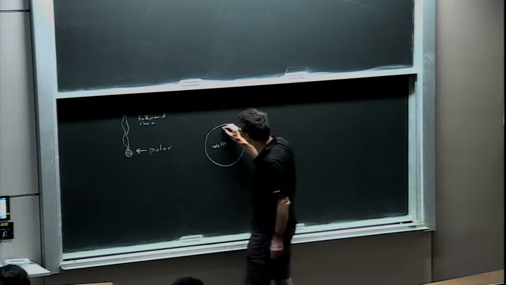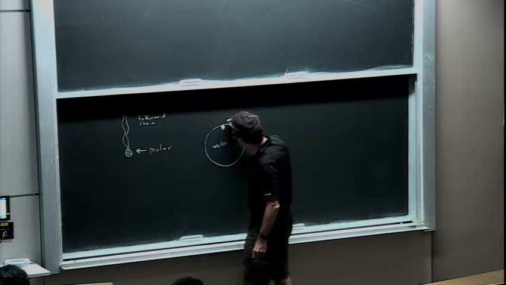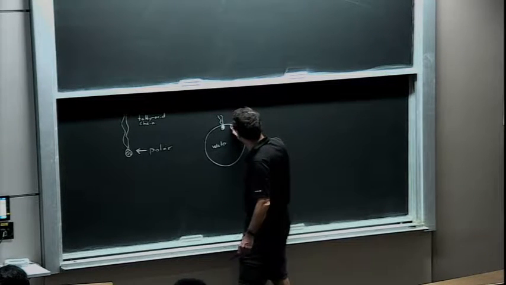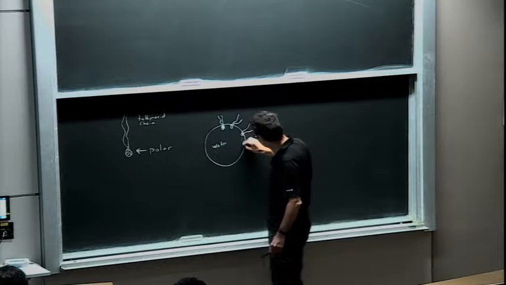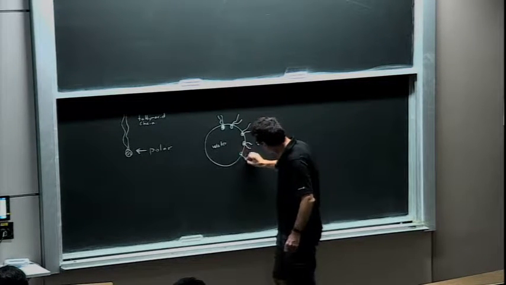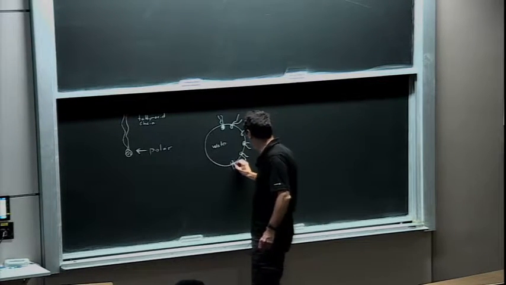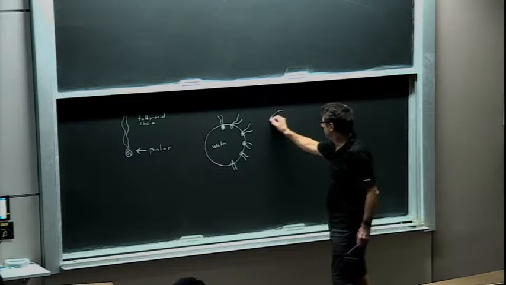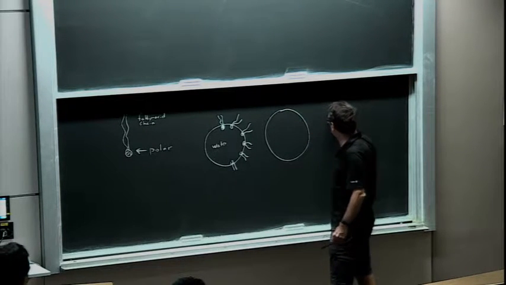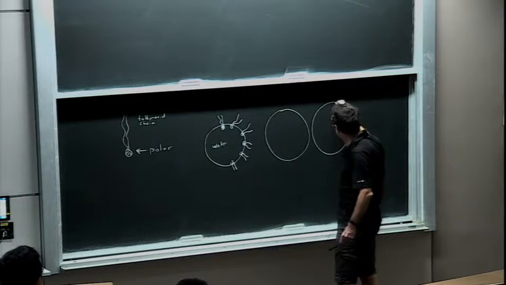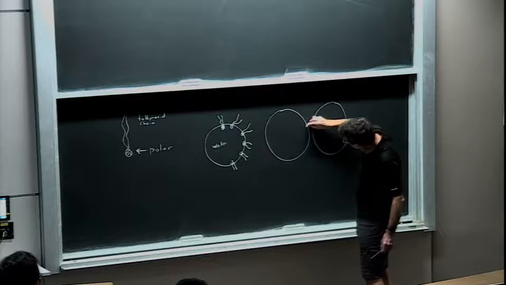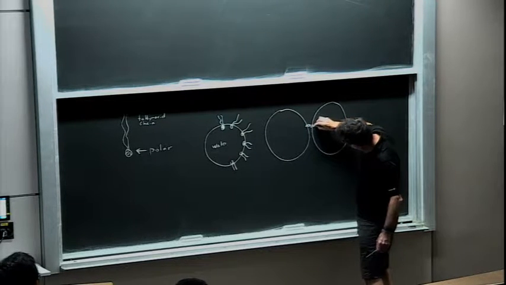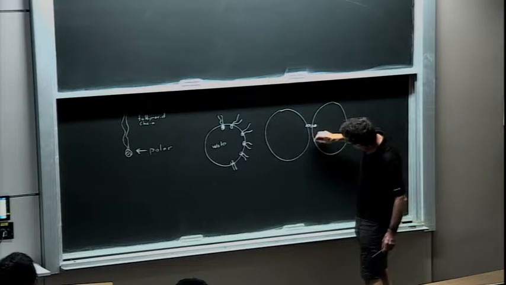So this polar head likes to live in water, and the chains like to stick outside like this. So that will be a single water droplet. Now if you bring two of these close enough together, you can form here a bilayer, like the bilayer you find in cells.